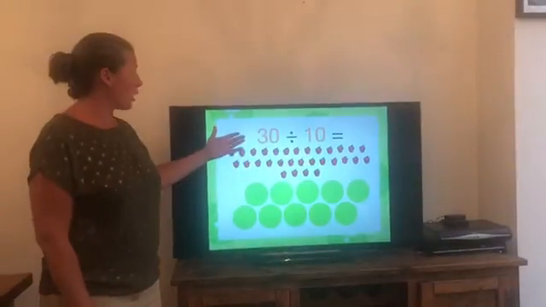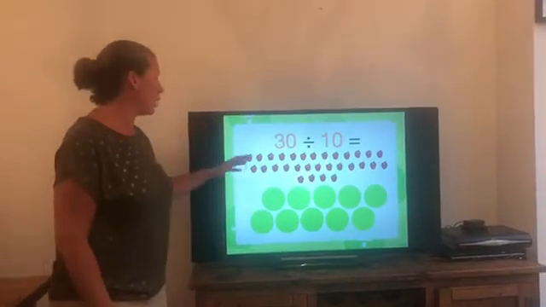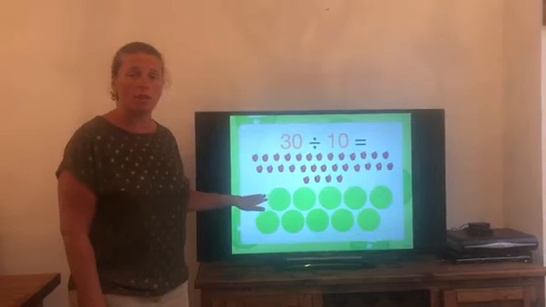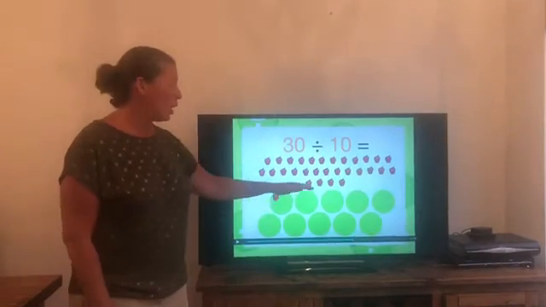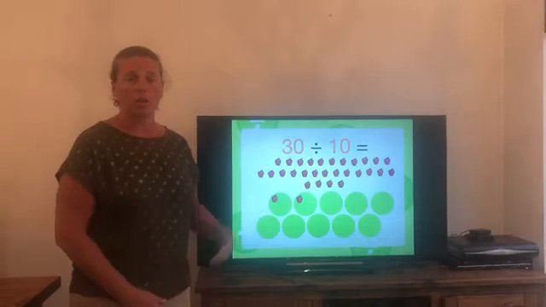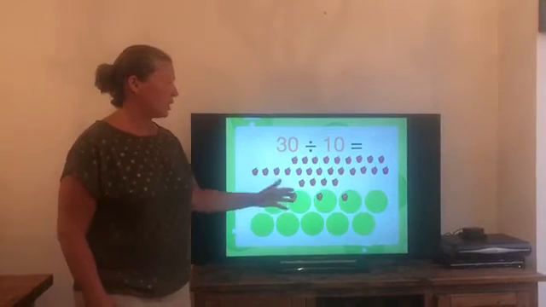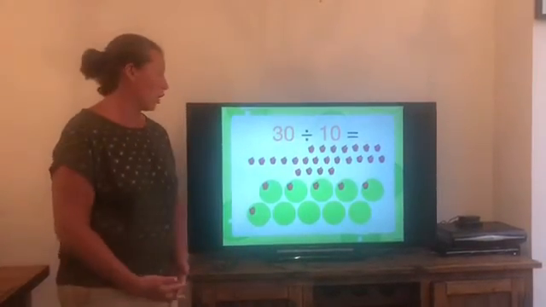Okay, so this sum now is 30 divided by 10 equals what? So we are looking at our red apples divided equally amongst our 10 children. Each child is represented as a green circle, so each apple is divided up amongst them all equally. So as you can see, the apples are moving in to each one of our circles, which represents one child.